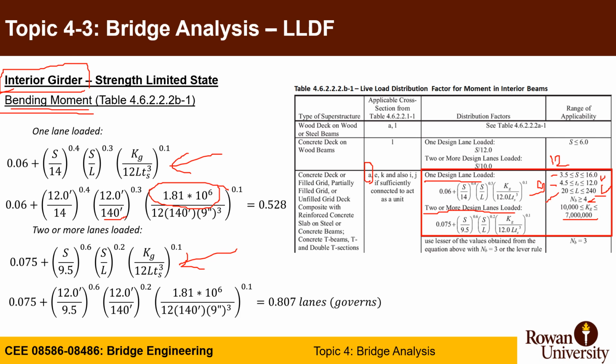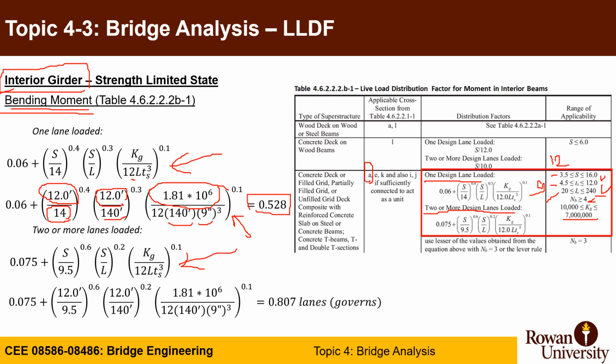So all you need to do is to write down this equation, put S here, 12 feet over 14, another 12 feet over L, which is 140. The first one is to the power 0.04, second one 0.03, Kg 1.81 times 10 to the power 6 over 12 L, L is 140 in feet, TS in inches, all to power 0.1. This gives you a distribution factor of 0.528.